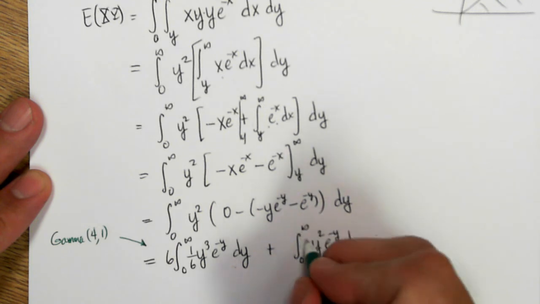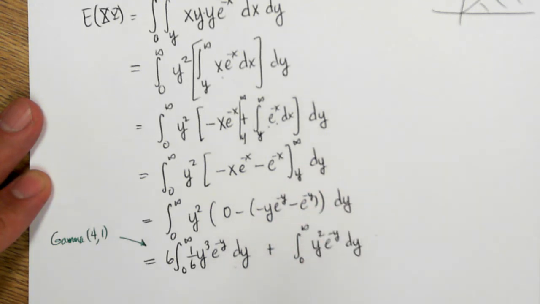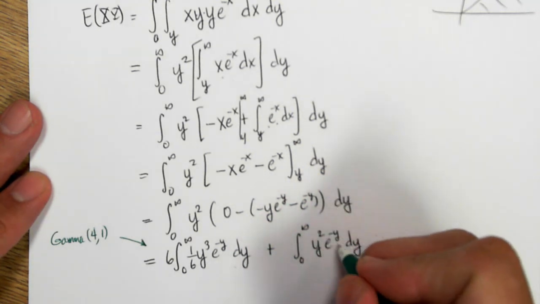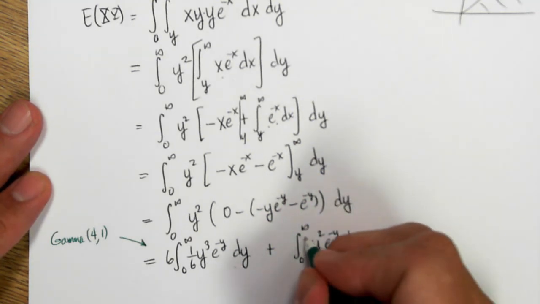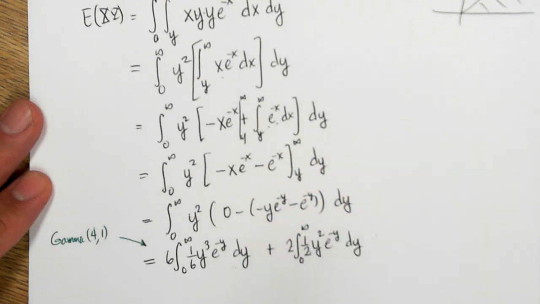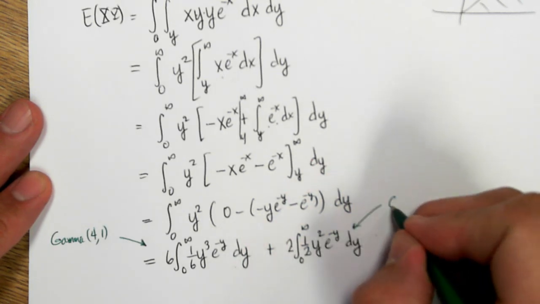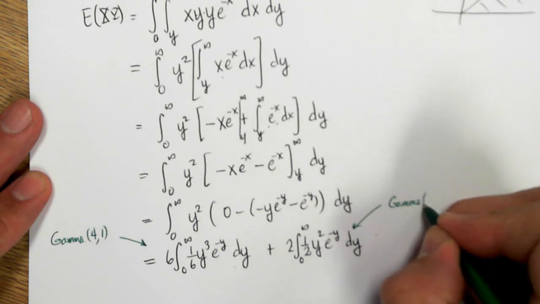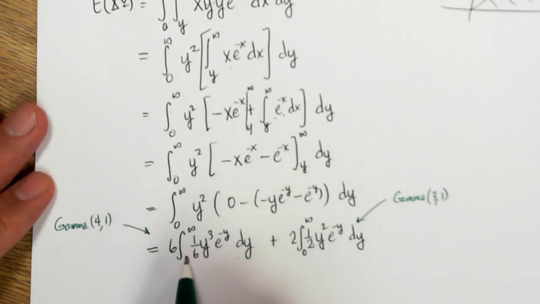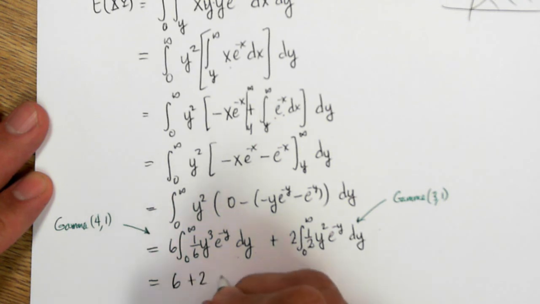And for this one, if I throw in a 1/2 and a 2, I recognize this to be the gamma distribution with parameters 3 and 1. And so both of these integrals with these extra fractions thrown in are equal to 1, so I get 6 plus 2, and so that's equal to 8.